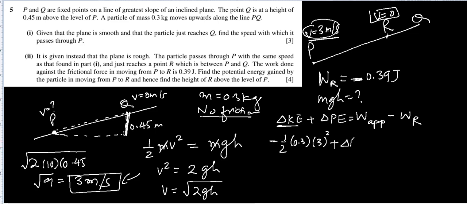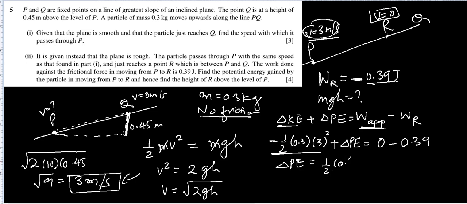There's no applied force, it just passed P with 3 meters per second and in between there was no push, so it will be 0, and we know that 0.39 is the work against this force. Let's bring this to the other side. So delta PE will be positive half times 0.3 times 3 squared minus 0.39.